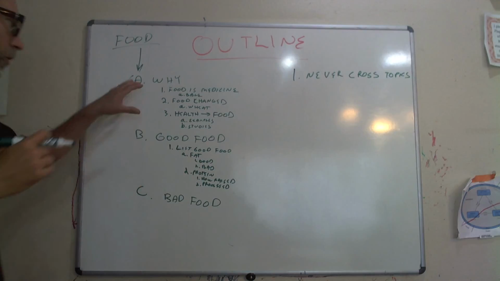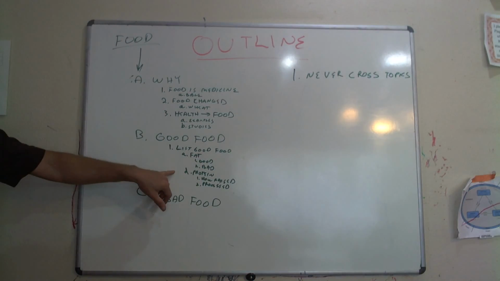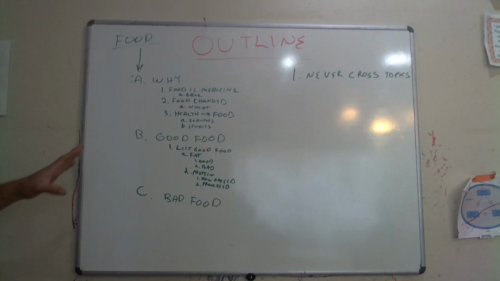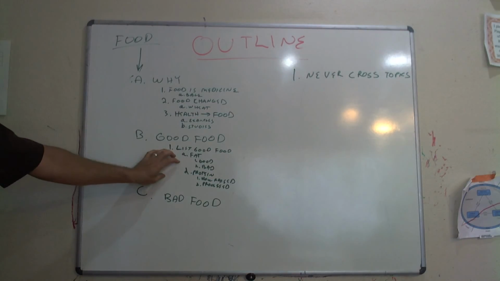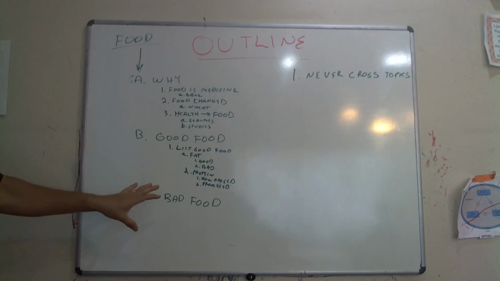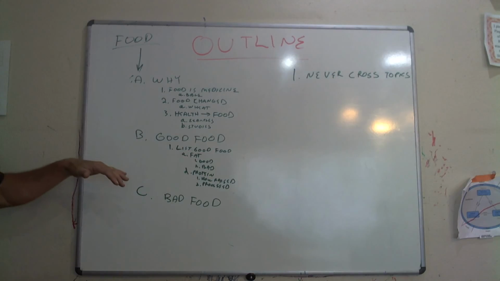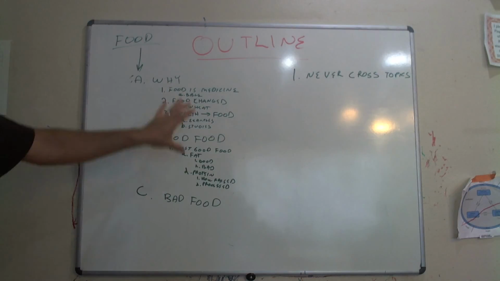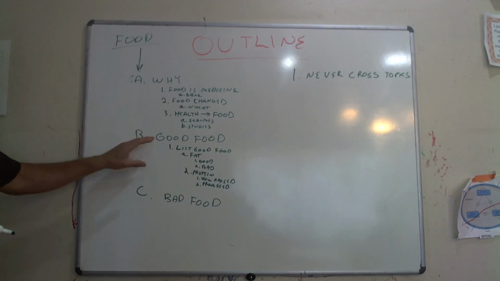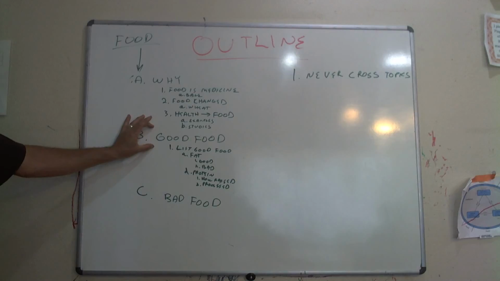If I have a Y here and I have a Y here, it gets very confusing. So you never put anything about this under here. You keep them separate. That way the reader, or whatever you're doing this outline for, it's organized. So never cross topics. Once you put a topic down, everything underneath it has to be only about that topic.